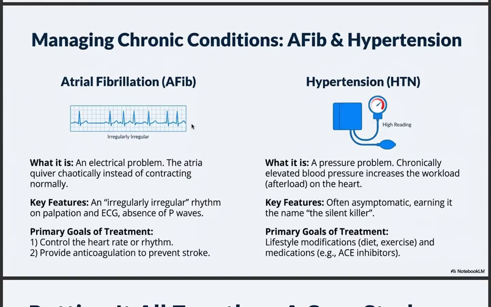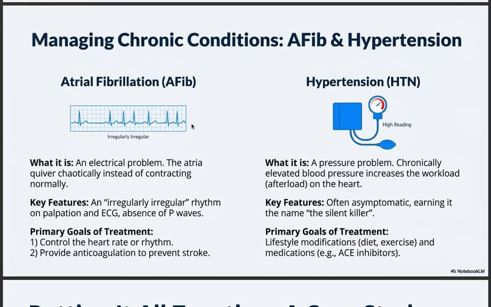What we're really trying to do is control the rate and the rhythm. Because our atria are kind of flopping around, which is a bad word, but that's how I remember it, they need anticoagulants, and the anticoagulants are going to help prevent clots and be a little bit more stable.